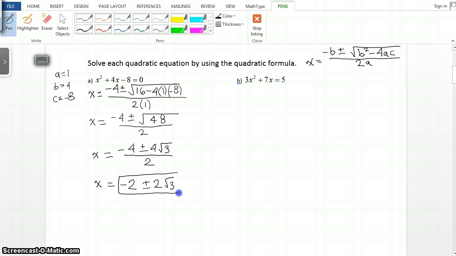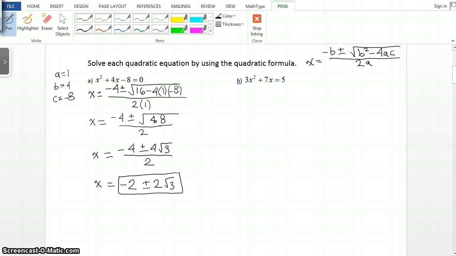Now those are your two answers. One answer is negative 2 plus 2 square root 3. And the second one is negative 2 minus 2 square root 3. Right? Not bad. This one, we had to deal with that square root of 48. A lot of times when you're working with the quadratic formula, this discriminant inside here is not going to be a perfect square, but you'll be able to simplify that.